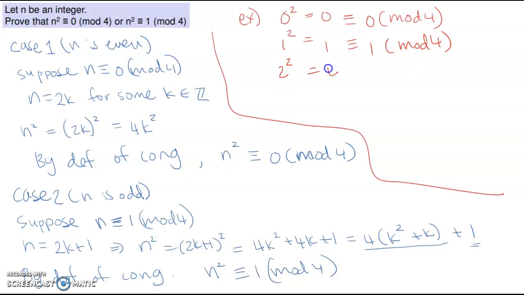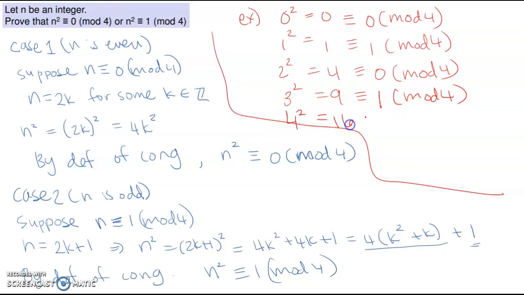If we have 2 squared, this is 4, which is congruent to 0 mod 4. And 3 squared is 9, which is congruent to 1 mod 4. Let me do one more. We have 4 squared, this is 16, which is congruent to 0 mod 4.